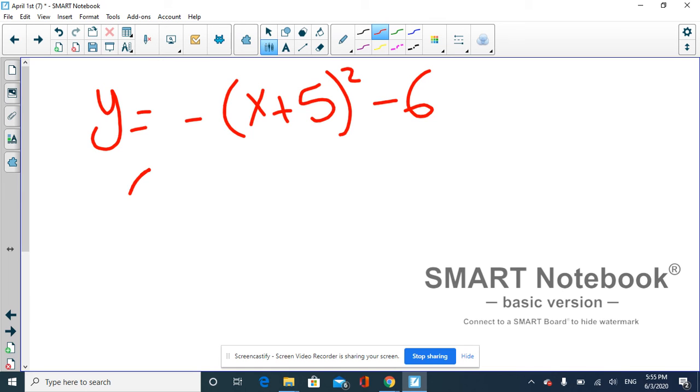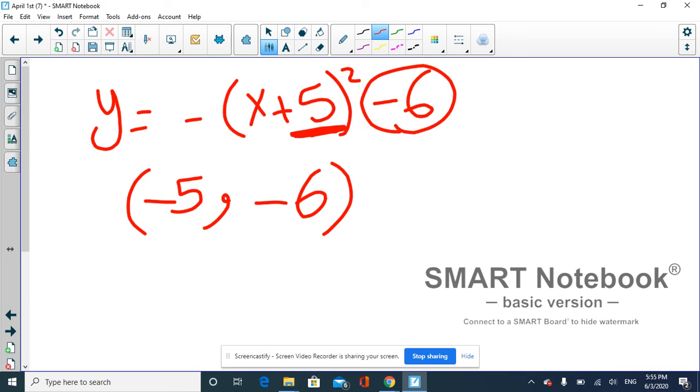Okay, what is the vertex? First, the number inside here, take the opposite or the inverse. The outside number, take it as it is. Okay, this is the vertex. The first number gives the axis of symmetry: x equals negative 5.